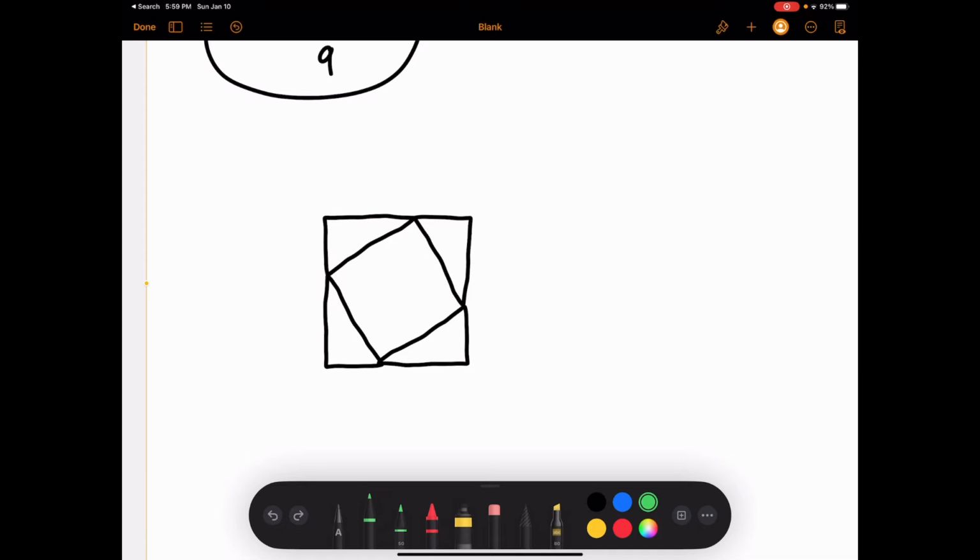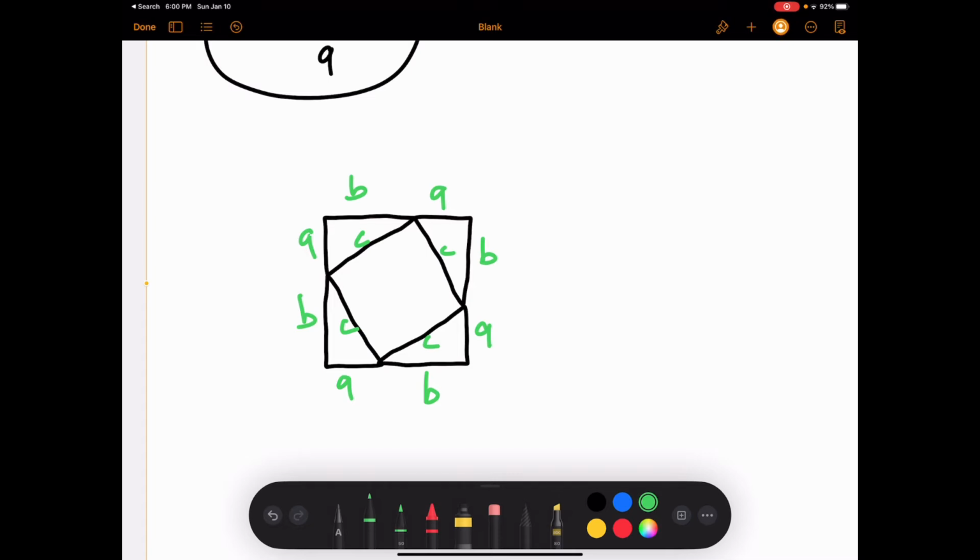So let's say I want the area of this square. I have a little a here, and a b here, and another a here, and a b here, and an a here, and a b here, and an a here, and a b here. And our inside is just a bunch of c's.